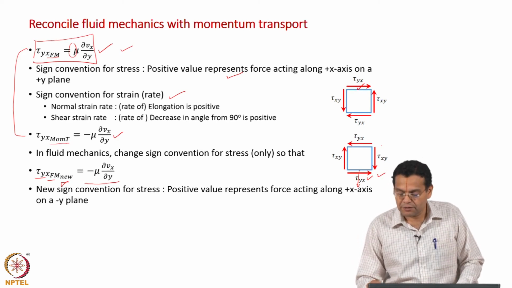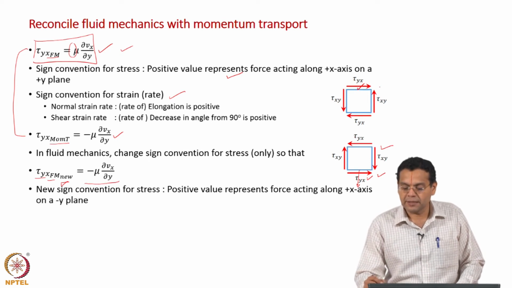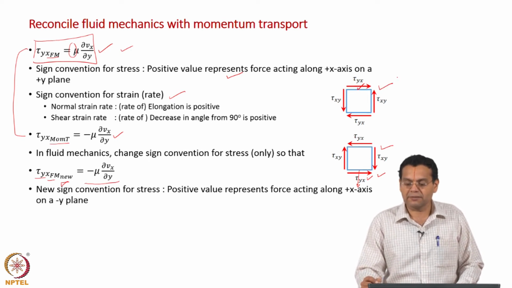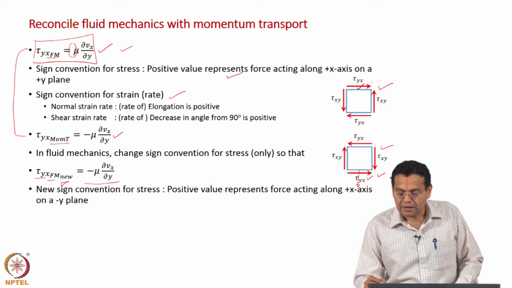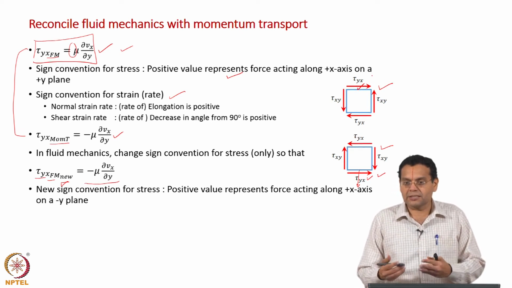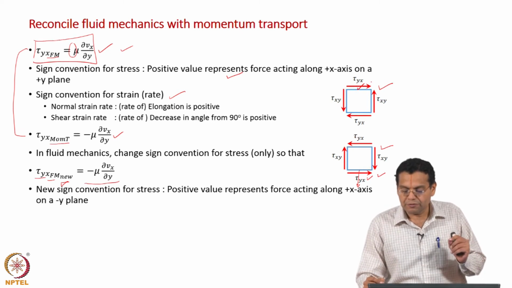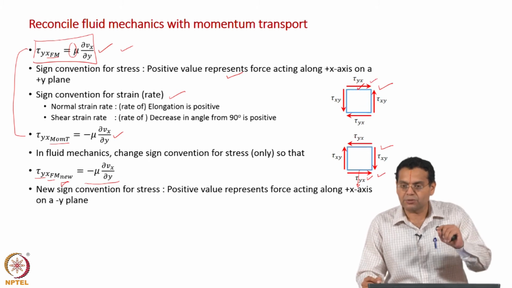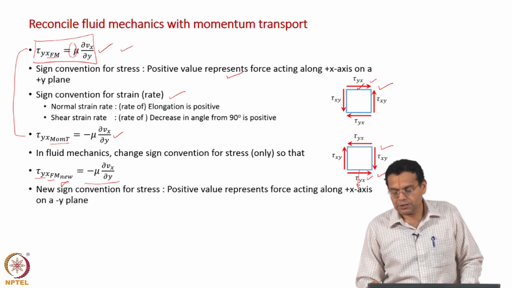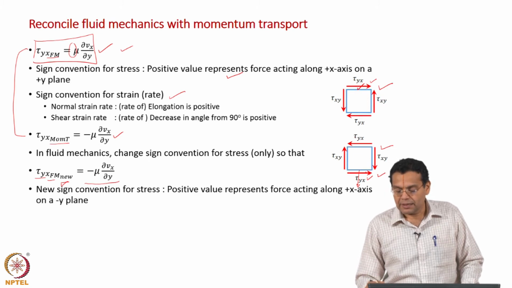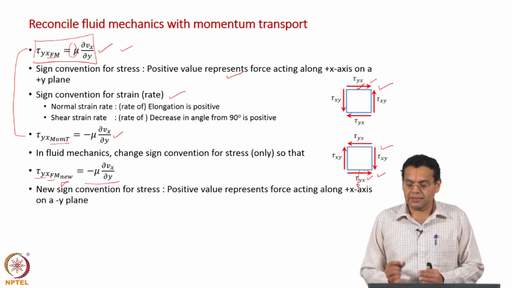So this is the fluid mechanics new sign convention, and this is the fluid mechanics old sign convention. I will repeat again, we will keep positive force, easy to discuss. Positive force acts on a positive y plane in the old convention; here positive force acts on a negative y plane. That is the difference, because we have changed the sign convention.